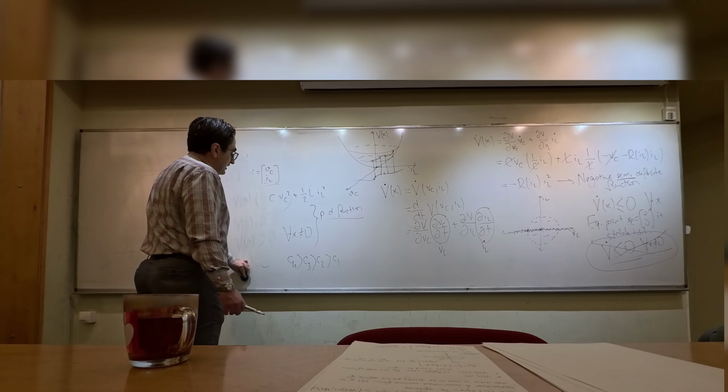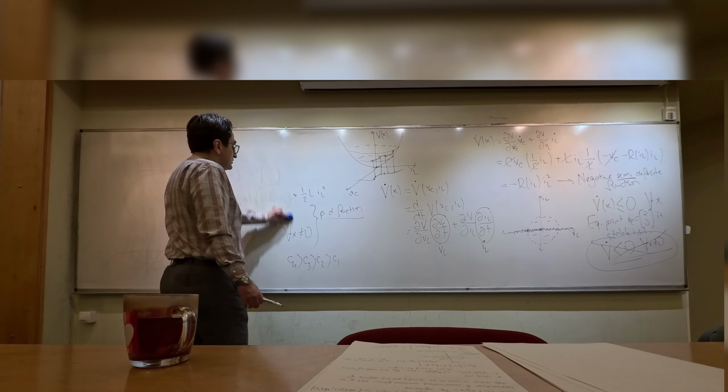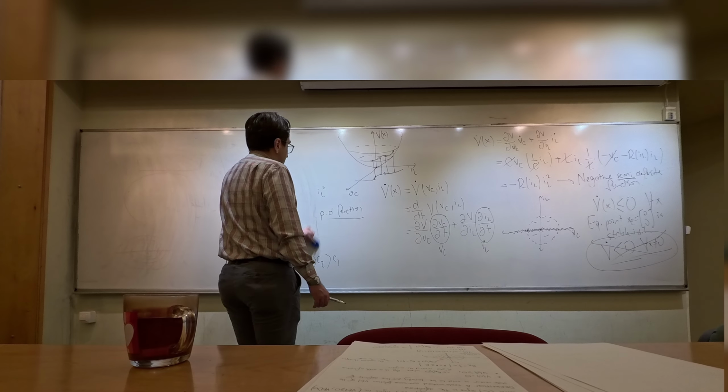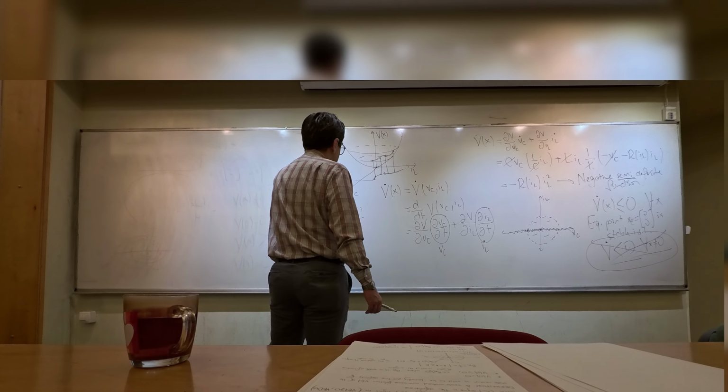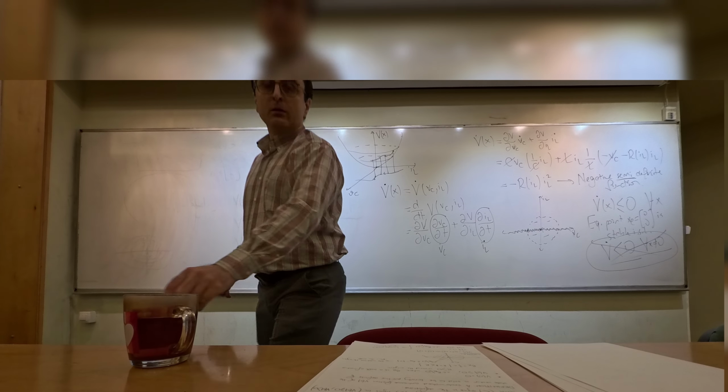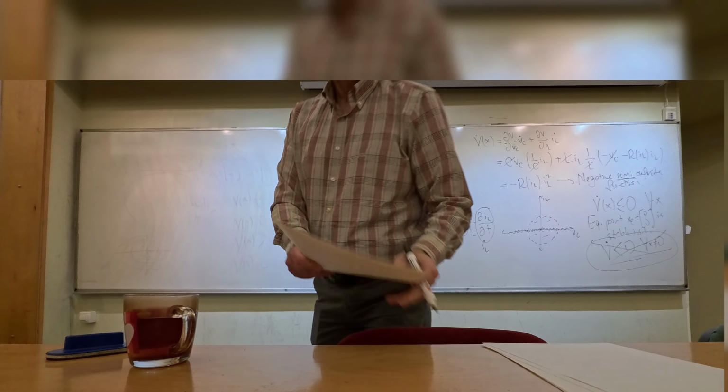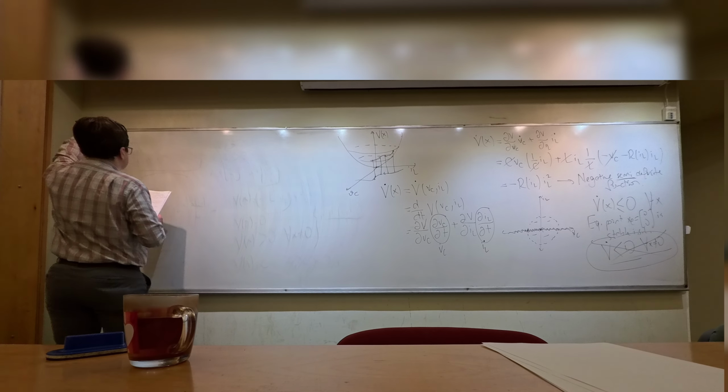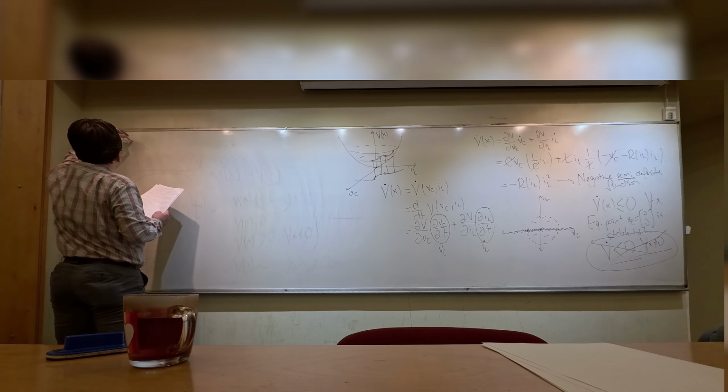So we will have a locally positive definite function or a globally positive definite function. They will have different properties. Let us write positive, negative, semi-definite functions.